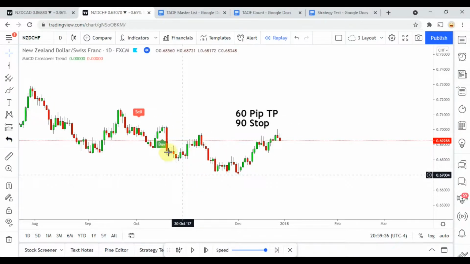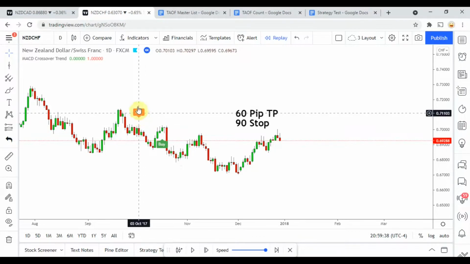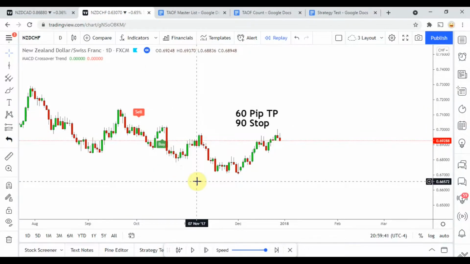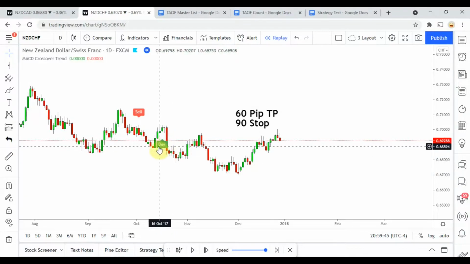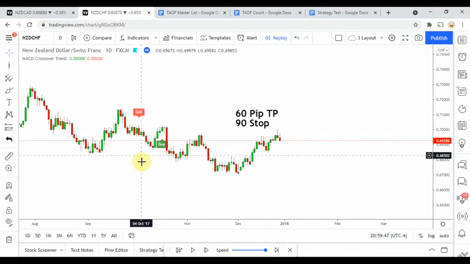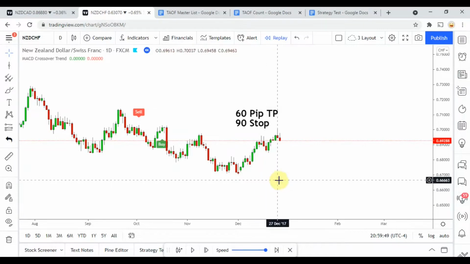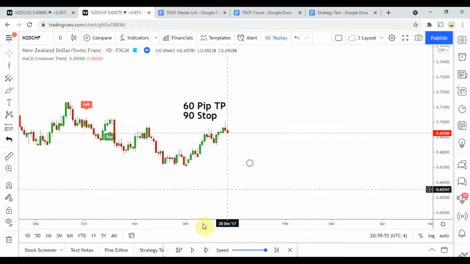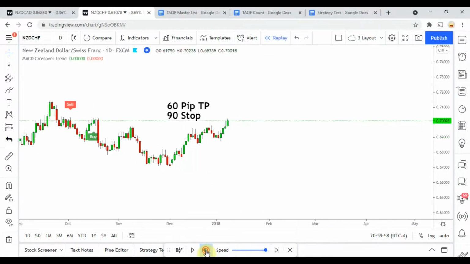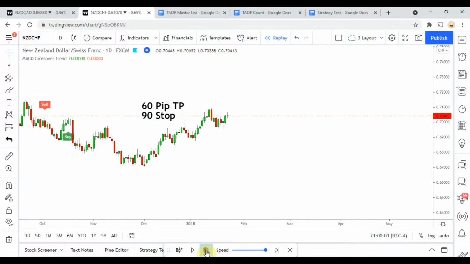When we get a sell tag, a sell label here, then we will go short. When we get a buy tag or a buy label, then we will go long. So again, not a whole lot to it other than that. Let's go ahead and get on with the testing and see what we can get.